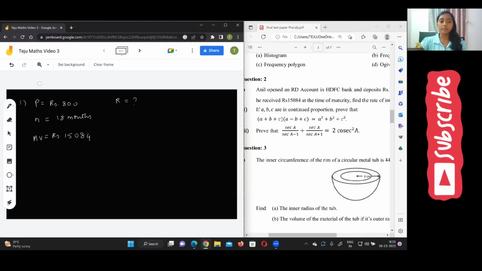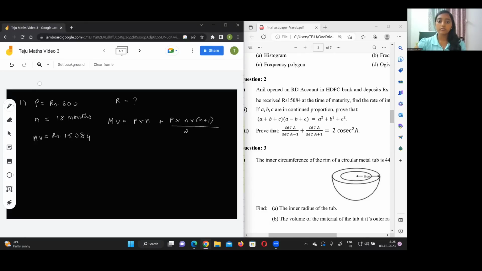So let us directly apply the formula. MV is equal to P into N plus P into N into N plus 1 by 2 into 12 into R by 100. So this is the formula.